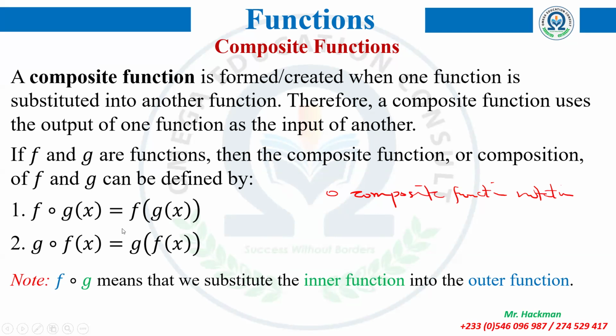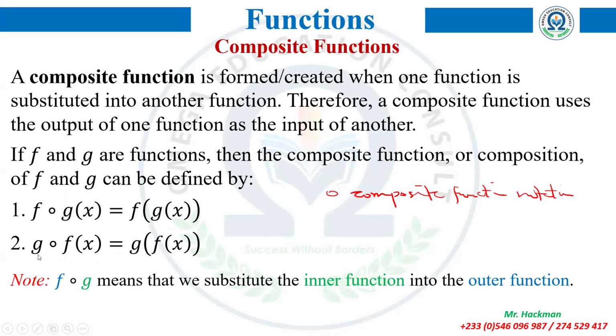And f of g means f, you feed it with what? g. So you can see that g of x is now the input for f. Is that not it? Can you see that? You know that for every function, the input is what we put in brackets. So our input for this function f is the whole of the g of x that we have here.